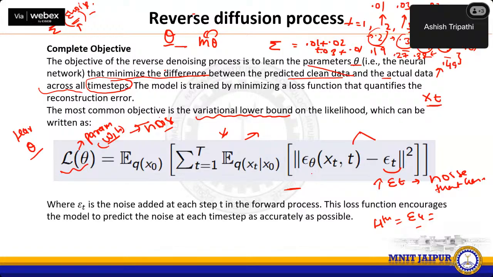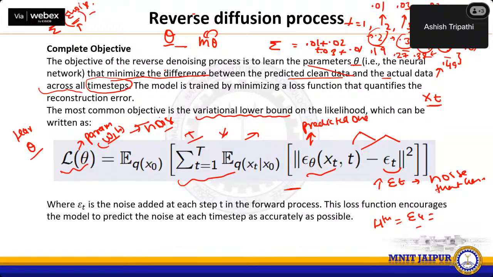And what is this? This is the predicted one. So basically, this is the difference between the actual and predicted. And this is sigma, from t equal to 1 to capital T, where capital T is the number of iterations that we have used for adding the noise in the forward process.